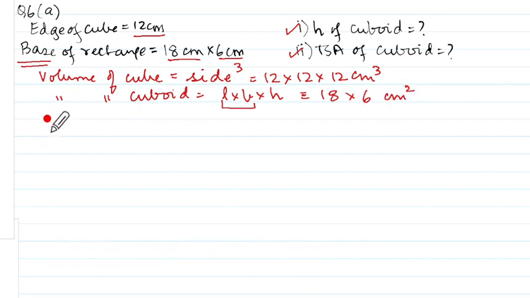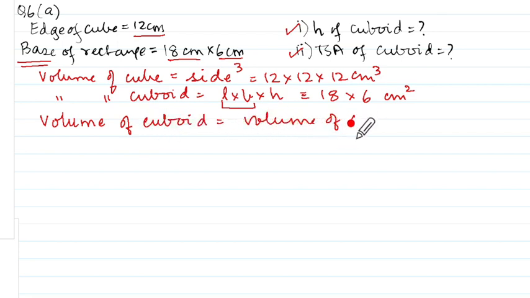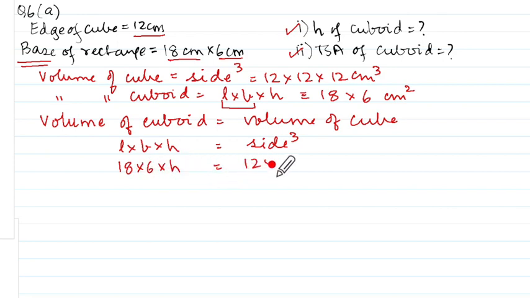And because they are melting and forming the other solid, volume of the cuboid is going to be equal to the volume of cube. Let us substitute. L into B into H is equal to side cube. So we will have 18 into 6 into H is equal to 12 into 12 into 12.